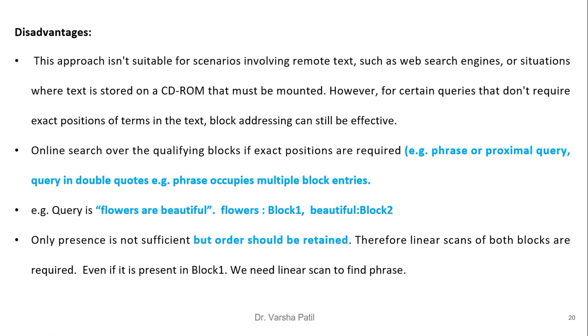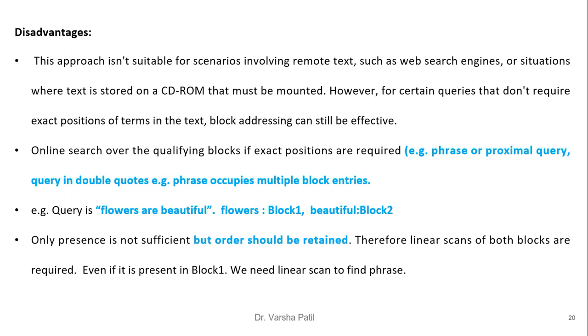When we don't require the count or particular order, the block number is sufficient. But when we require exact matching, the text of that particular block should be readily available. So that's why this will not work for a remote location.